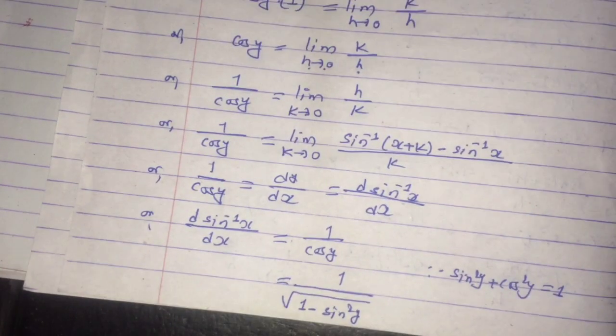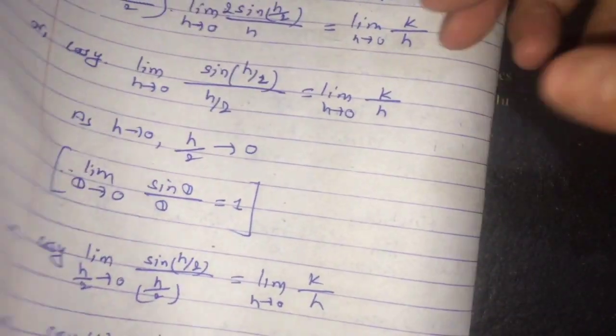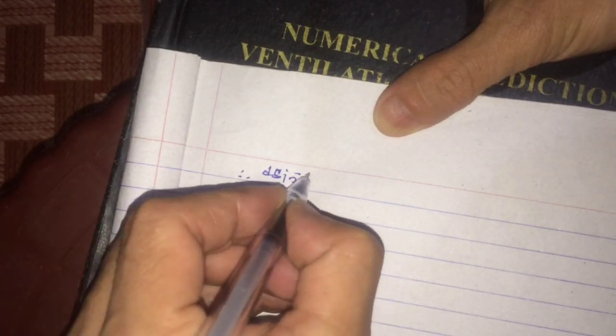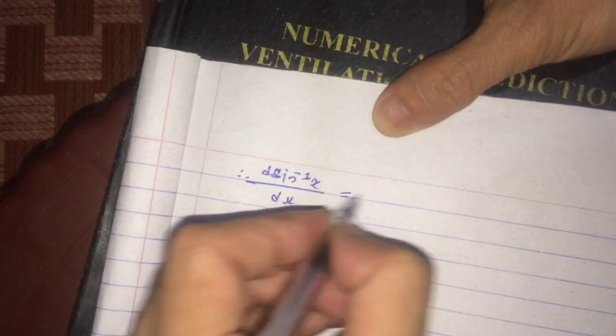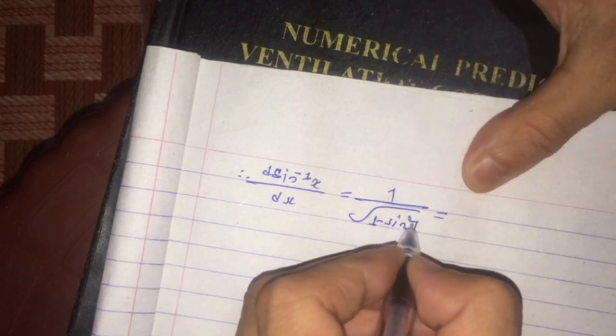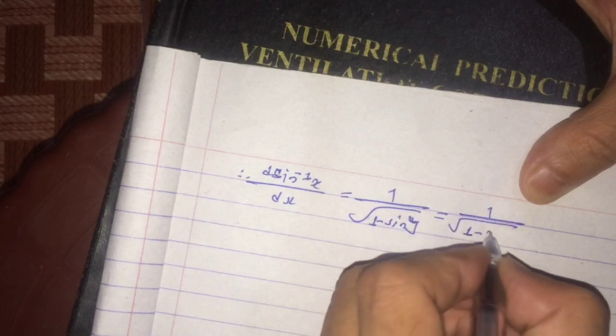Now we have sine y, and from here sine y is equal to x. So using this value we get d sine inverse x divided by dx is equal to 1 by root under 1 minus sine square y, and if we replace sine square y by x square, then we get 1 minus x square.